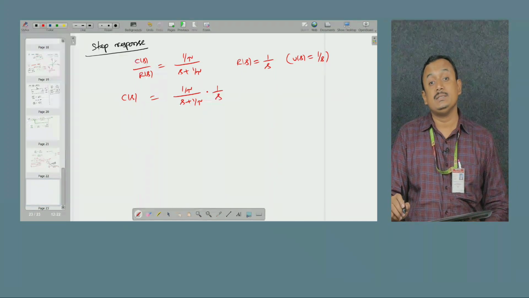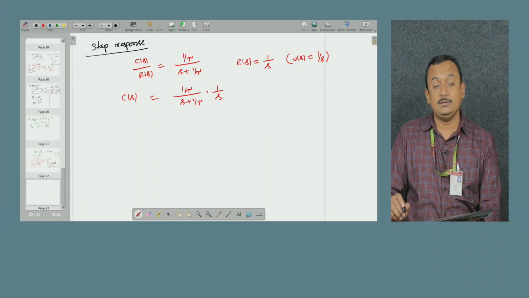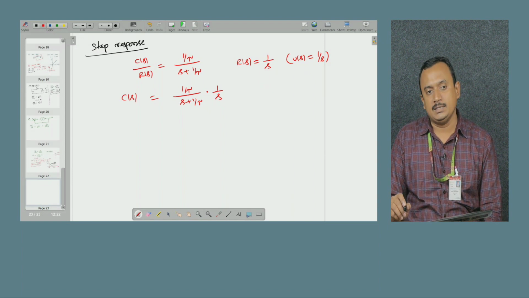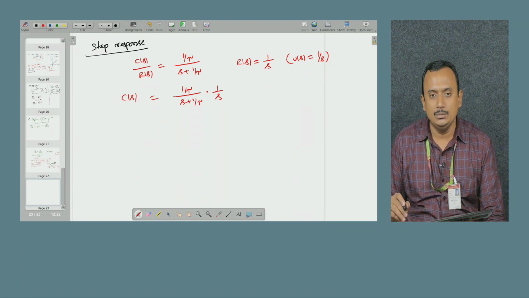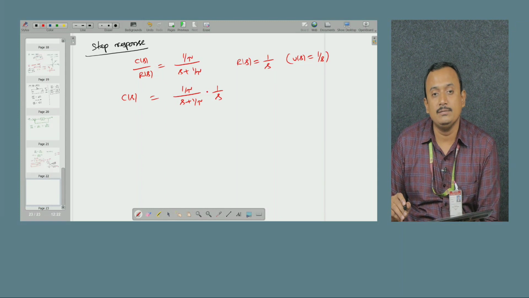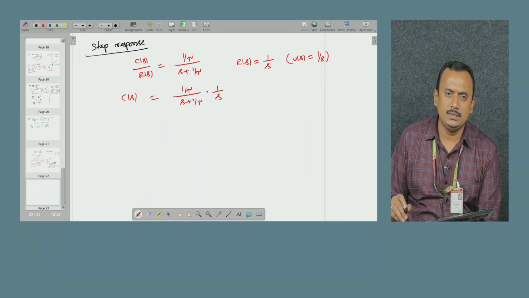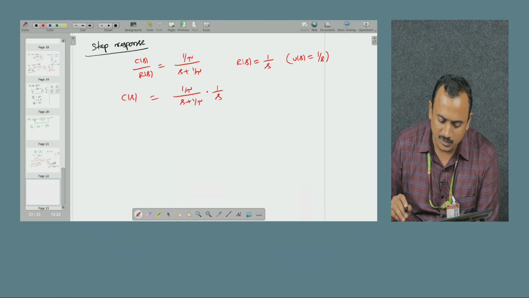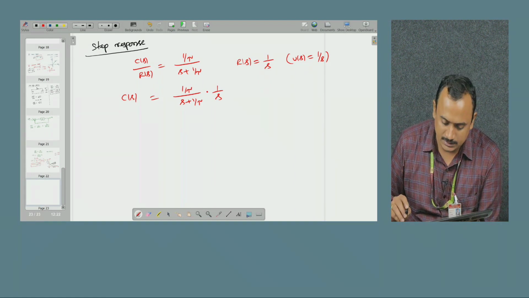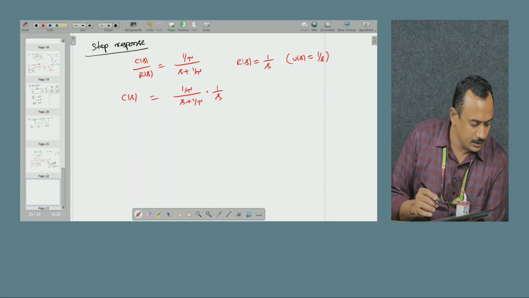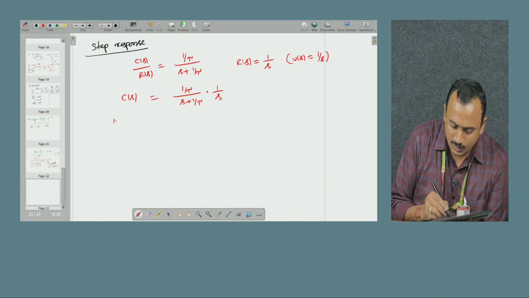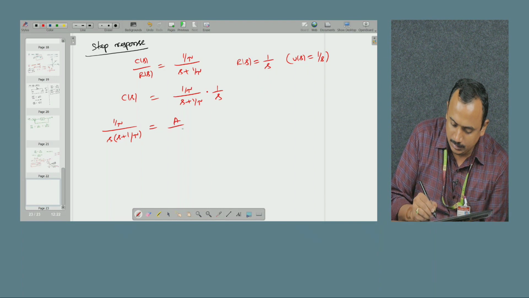Now see, in this case it is not possible to write the inverse Laplace transform directly because it is not in the standard form. First let us bring this C of s into standard form to apply the inverse Laplace transform. For that, first try to get the partial fractions. So how to get the partial fractions? This 1 by tau by s into s plus 1 by tau will be written as A by s plus B by s plus 1 by tau.